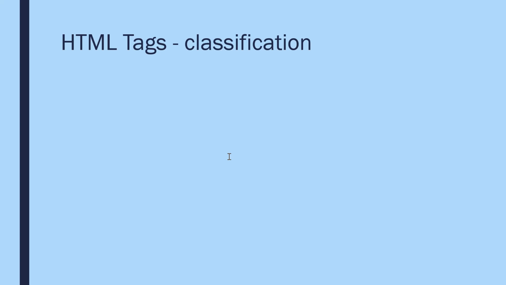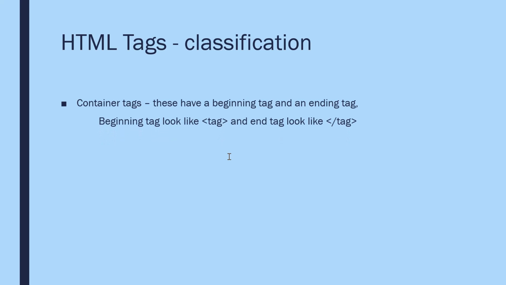So let's go ahead now. HTML tags classification. There are two types of HTML tags. The first one is container tags. These have a beginning and an ending tag. A beginning tag is enclosed in the less than and greater than signs. Every tag is contained within a less than and greater than sign, with the name of the tag inside.